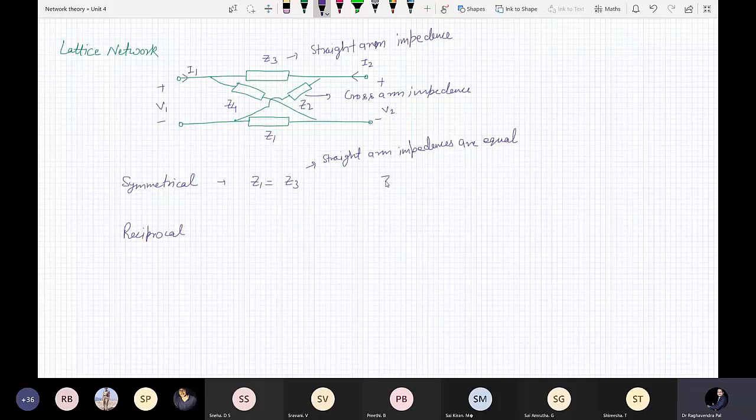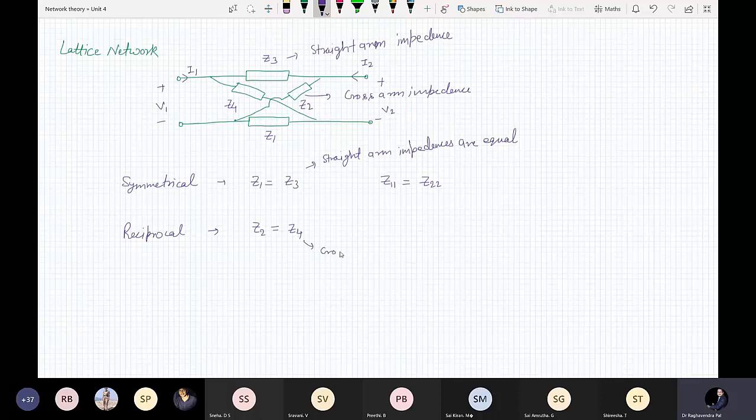And for this reason, Z11 is equal to Z22. And reciprocal, when will it be reciprocal? It will be reciprocal when Z2 is equal to Z4. Okay. When the cross arm impedances are equal.